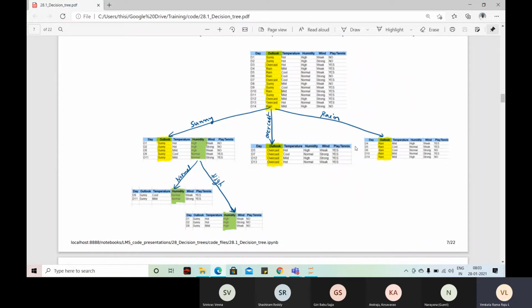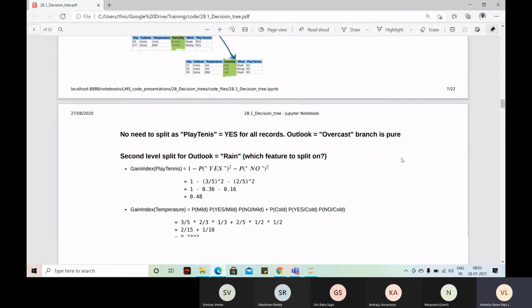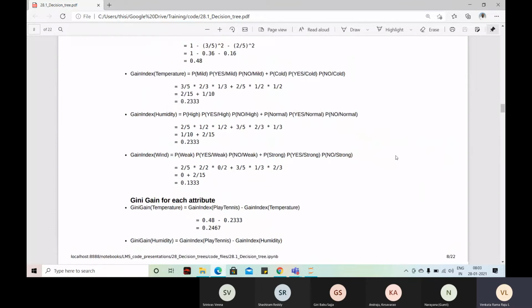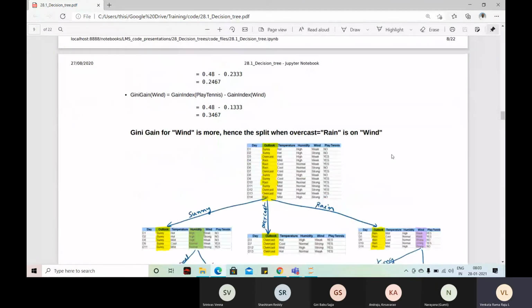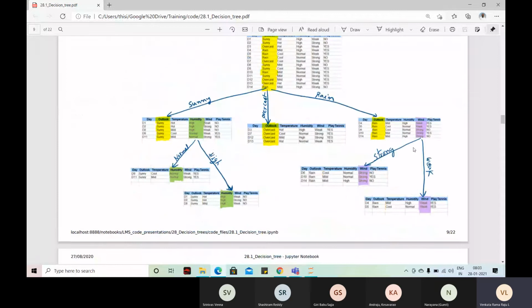Now I'll take this particular impure subset. Again, I try to find the best split. In this, I try temperature and wind, and humidity can be checked on this side also, but humidity is not the best one.